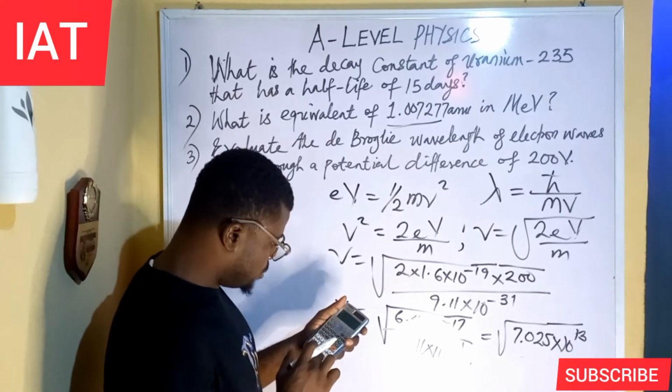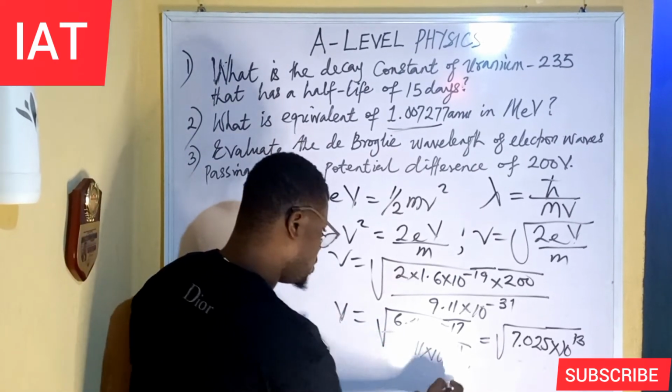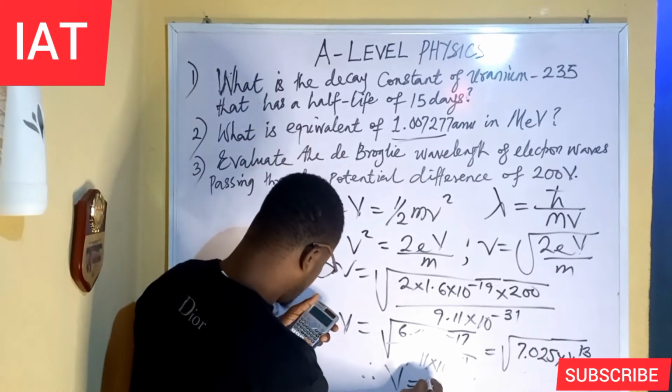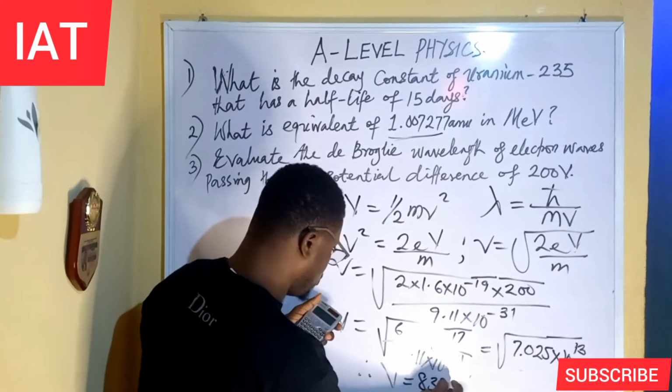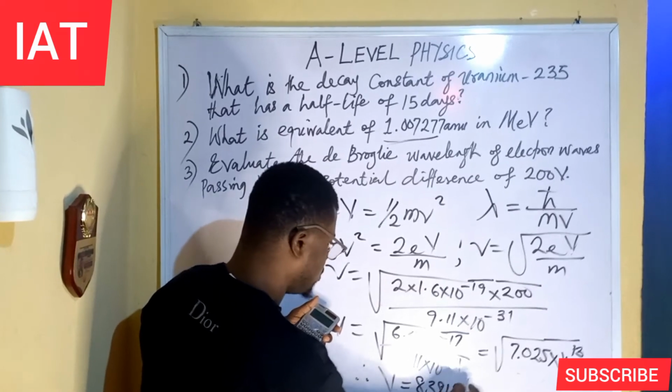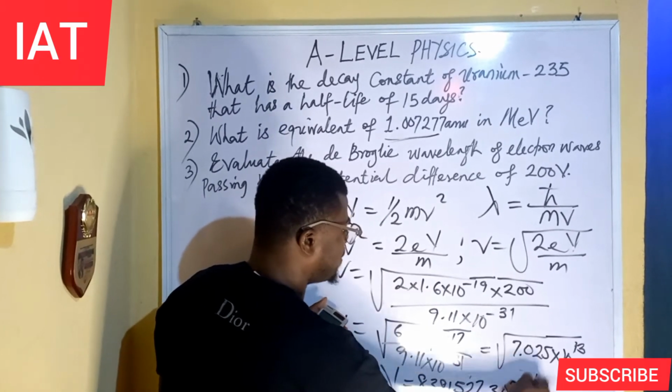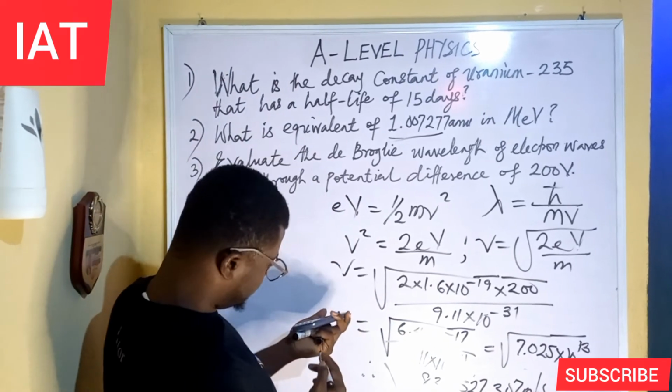And this will give us the result. Therefore our velocity will be equal to 8381527.307 meters per second.